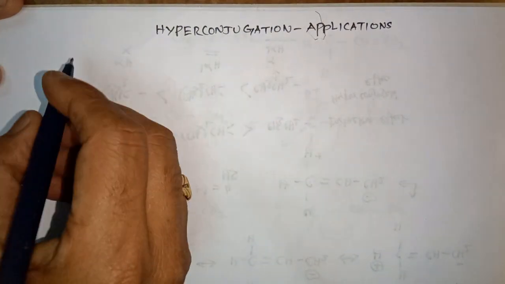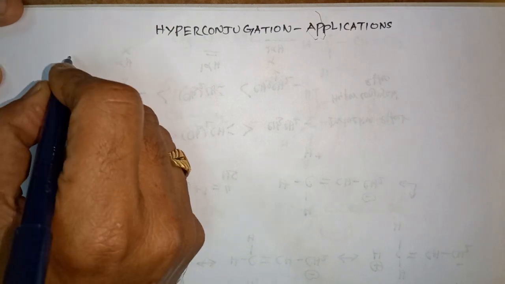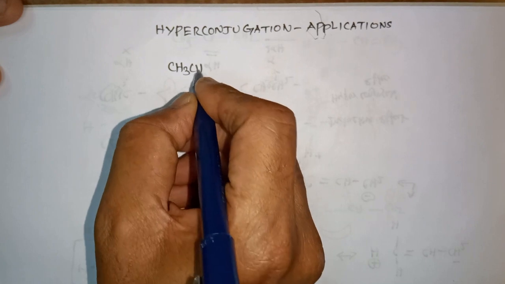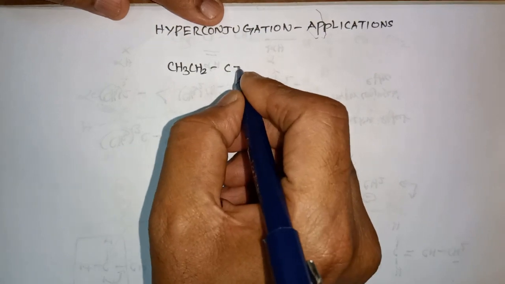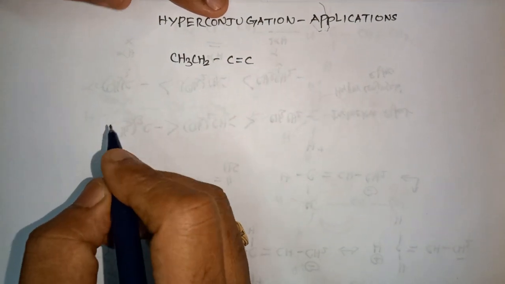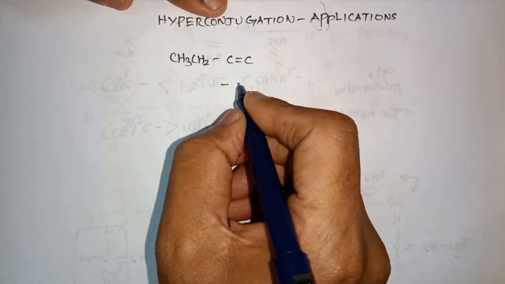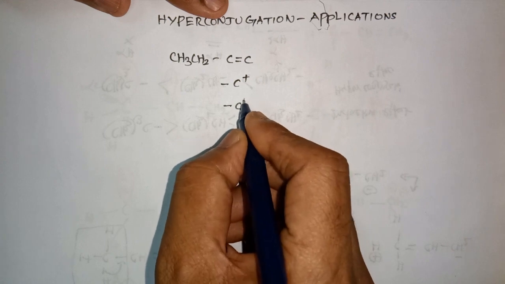First, what is the definition of hyperconjugation? Suppose I take an alkyl group, CH3CH2. The alkyl group is attached with an unsaturated system like a carbon-carbon double bond, or with a carbonium ion, or with a carbon free radical.